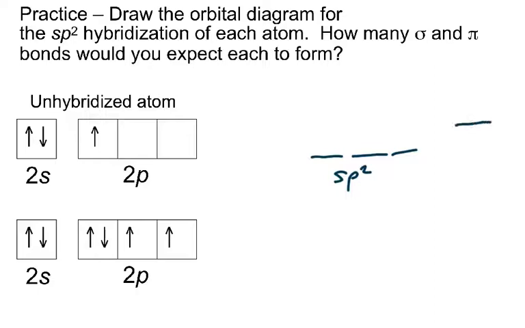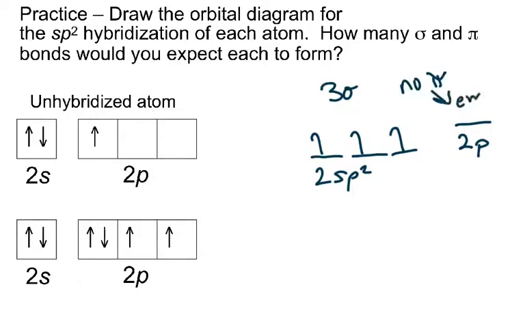Up here, sorry, that's 2sp2, we get 1 2p orbital. Then we can fill it in. We get 3 electrons in our sp2 orbitals. Our 2p is empty. So I would expect this to form 3 sigma bonds and no pi bonds because that one is empty.